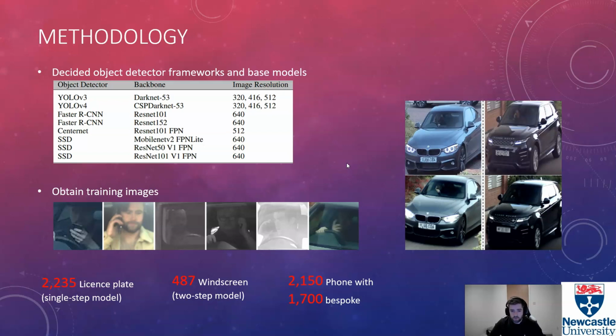The 2-step approach would first detect the windscreen, where we had almost 500 windscreen images, and then with regards to the mobile phone, on the second part of the 2-step approach, we trained with 2,154 images, but 1,700 of them were the bespoke images as discussed and shown here. So just to give you an idea of the time it took to obtain that amount of images, it was quite challenging, but we got there.